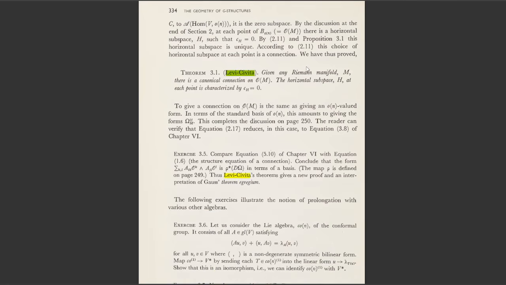So yeah, the Levi-Civita connection, or the Levi-Civita theorem, which says we get a unique torsion-free metric connection on the frame bundle.